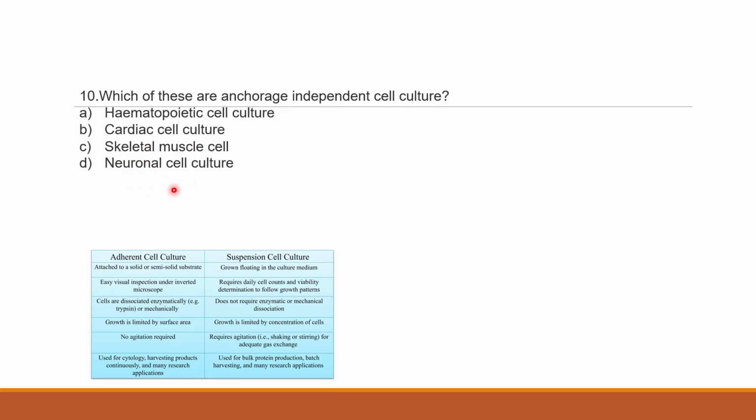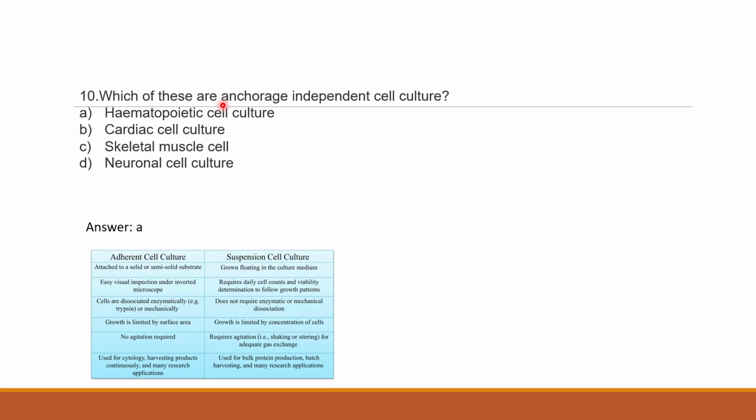Neuronal are your brain, neurons. Hematopoietic cells. What are hematopoietic cells? You might have heard hematopoietic stem cells. Means what? Your cells from your blood. So these are cells which are in your blood, which is suspension, which is adherent.